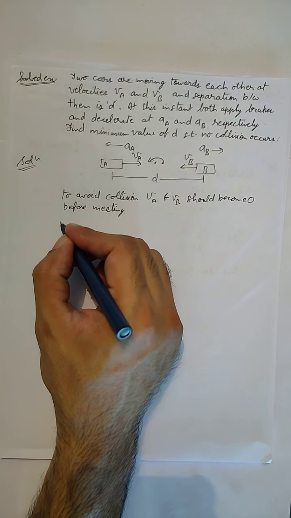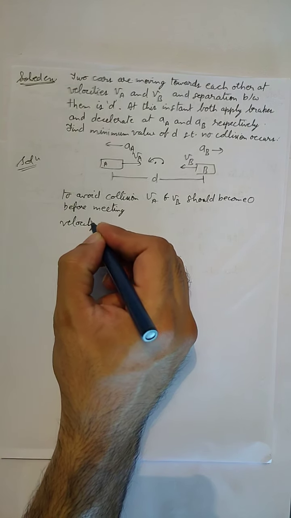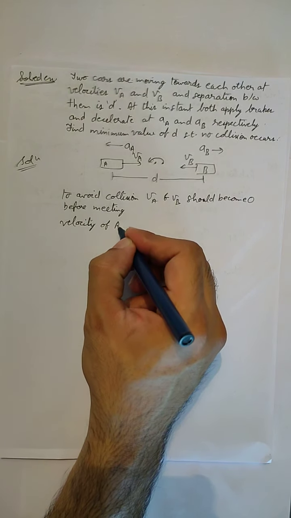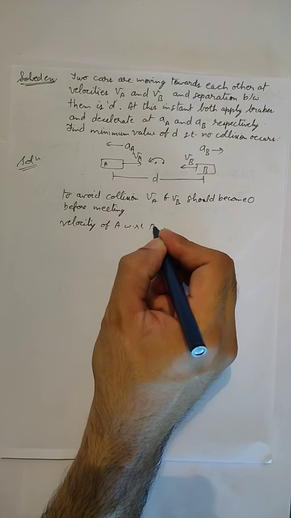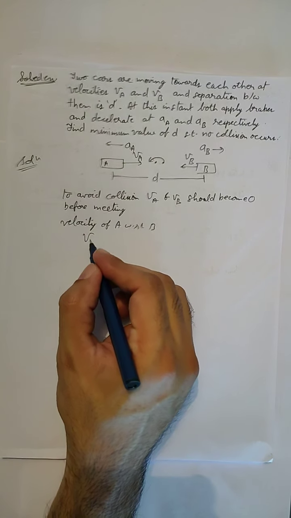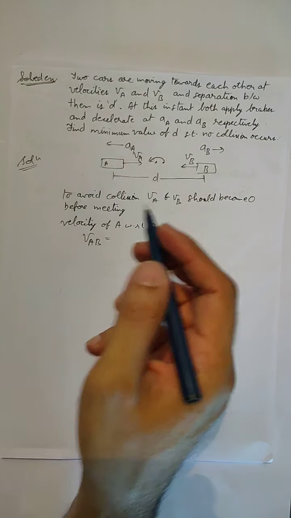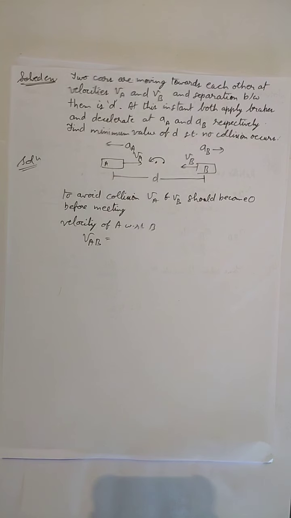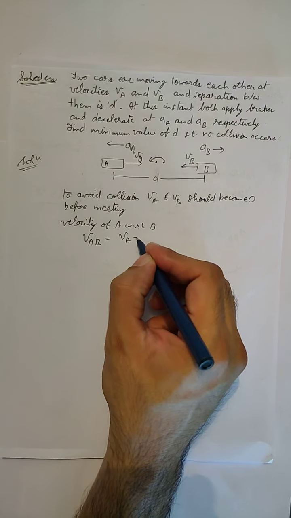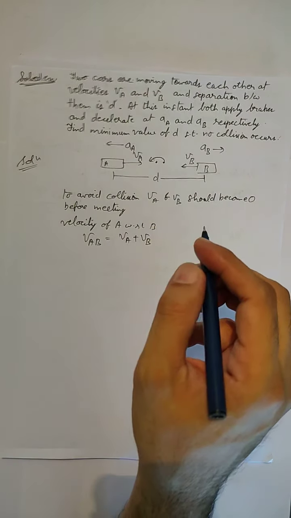So we can write, using the concept of relative motion, velocity of A with respect to B. So VAB, and since both of them are moving in the opposite direction, the formula will be VA plus VB.